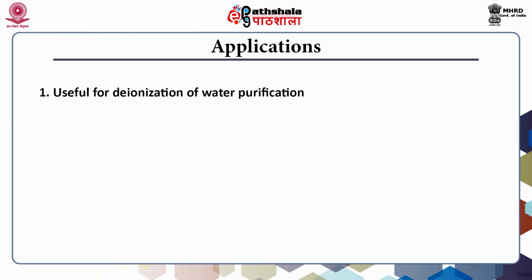The most important use of ion exchange chromatography in our daily routine life is deionization of water. Especially nowadays, whenever we take water, we take RO water. This RO water is nothing but purified water from ion exchange chromatography.